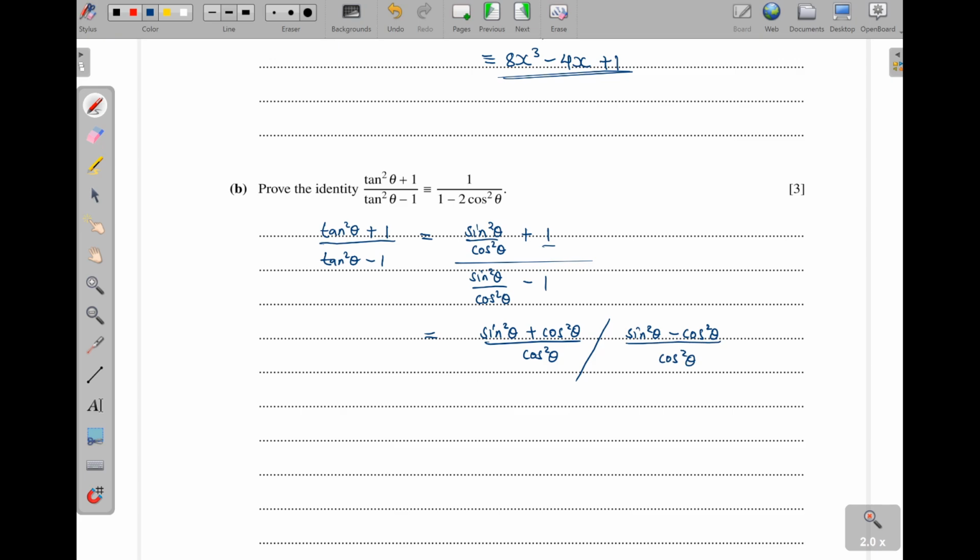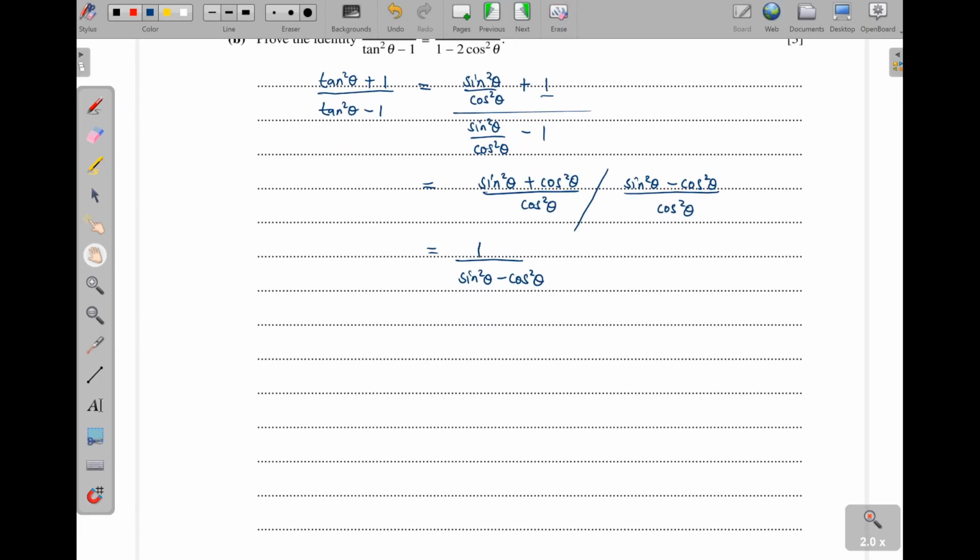Of course, this one will somersault, then this one will cancel with that, and we remain with sine squared theta plus cos squared theta, which is a 1. Okay, then we divide by sine squared theta minus cos squared theta, using the Pythagorean identity.